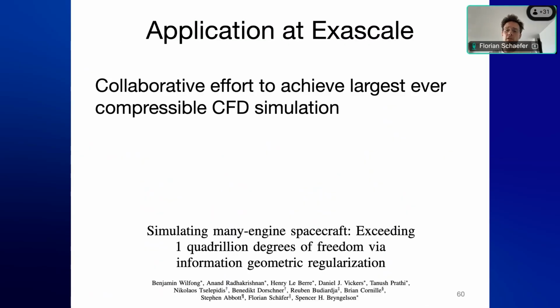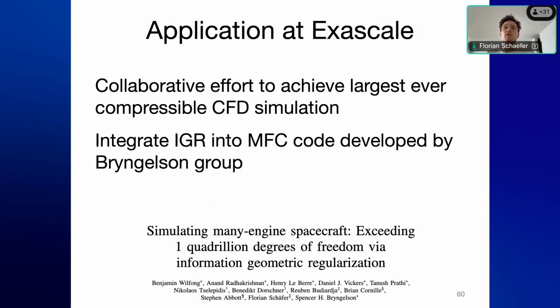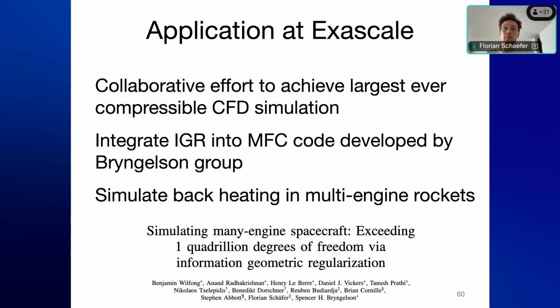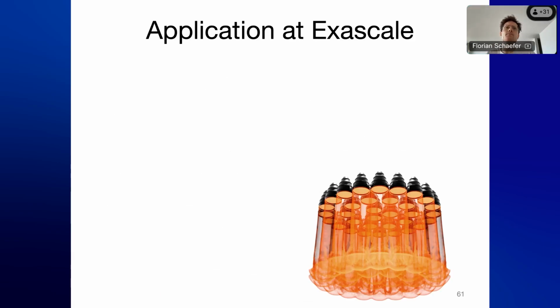And to show that this is not just applicable to these small, mathematician-scale experiments, we had this big collaboration with Spencer's group and industry folks, where we integrated this information regularization into the MFC code maintained by them, to simulate some base heating problems in rocket engines.